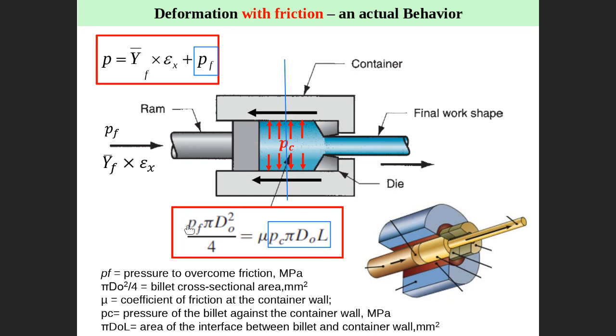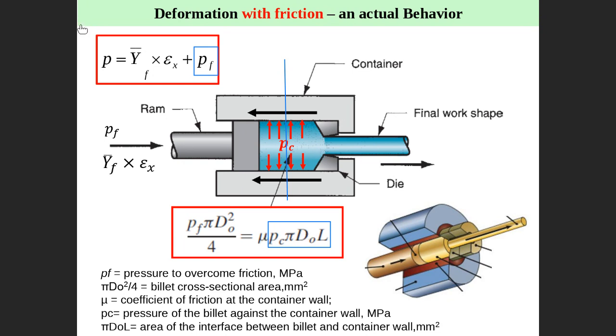Then the pressure BF multiplied by the area, which is a circle, pi d square divided by 4, equals the friction force. It must overcome the friction force, which is equal to mu N.